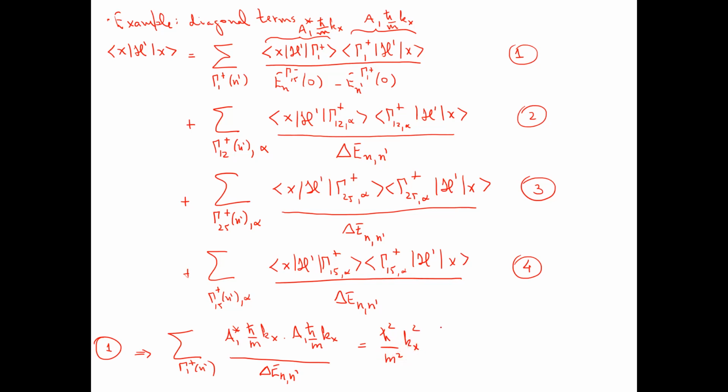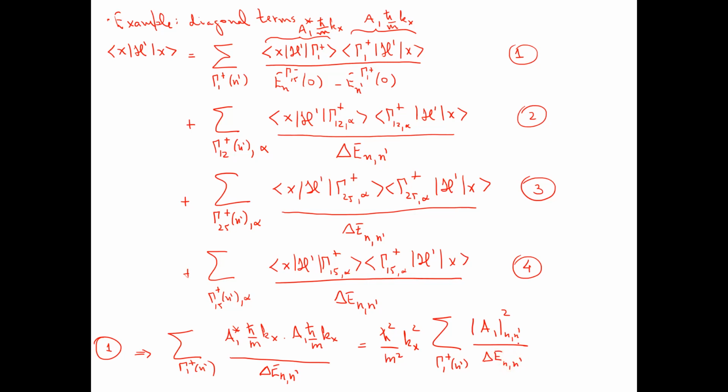I can remove it from the summation, and the sum for all gamma 1 plus states that are labeled n prime, and this absolute value of A1 that could depend on n and n prime because it has some orbital character in it, not only symmetry, and the energy denominator.